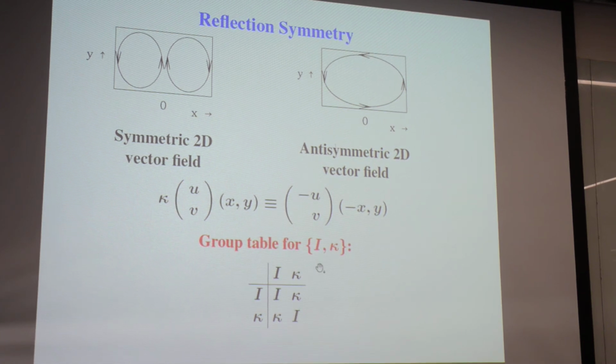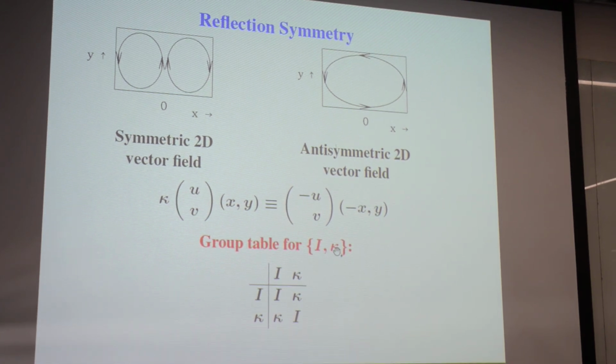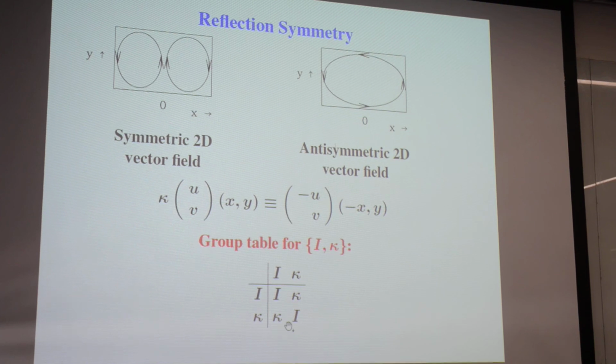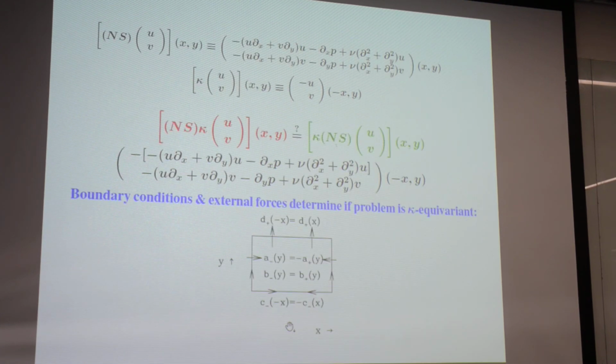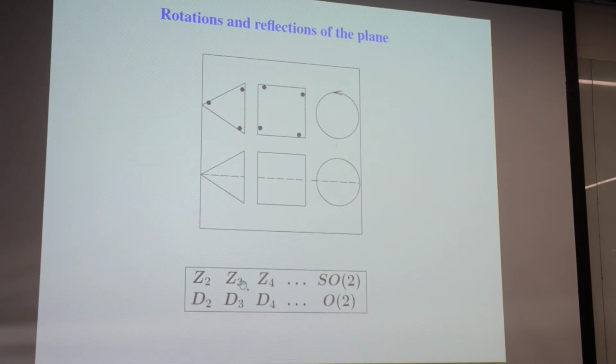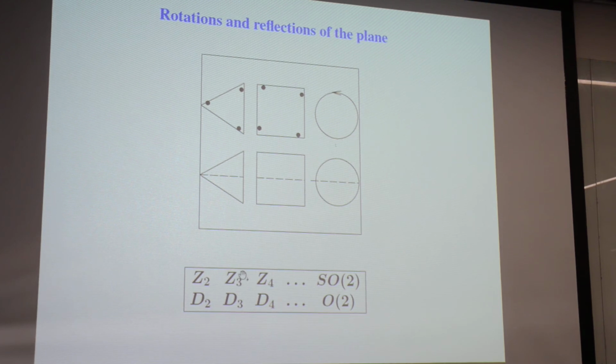We said that this is the group which has one non-identity element, such that if you apply it twice, you get the identity, and that tells you everything you need to know about it. And Z3 is rotations by 2 pi over 3, and so on.